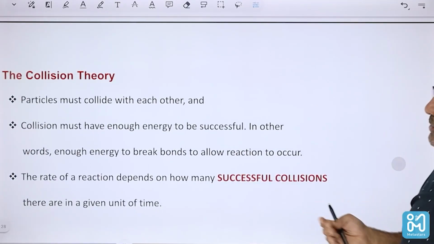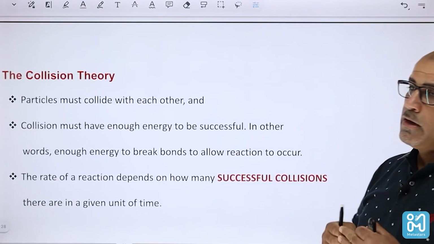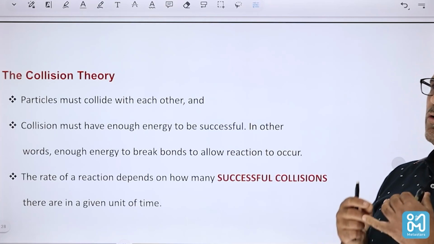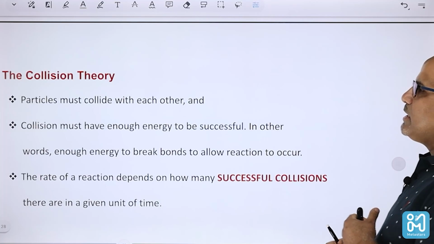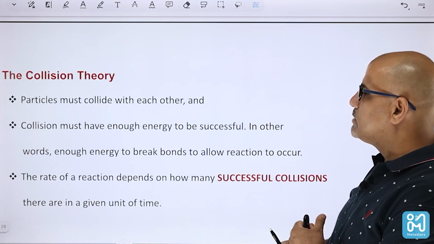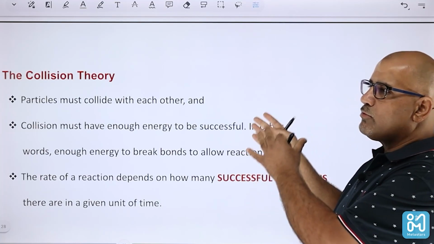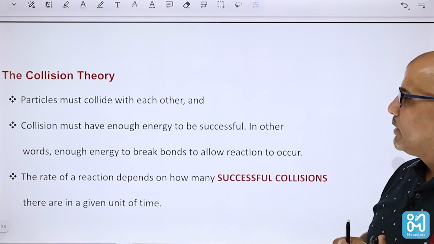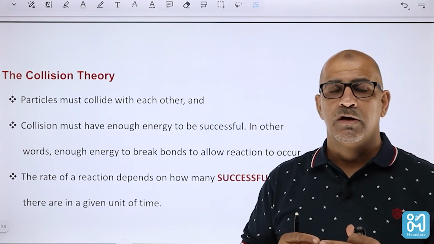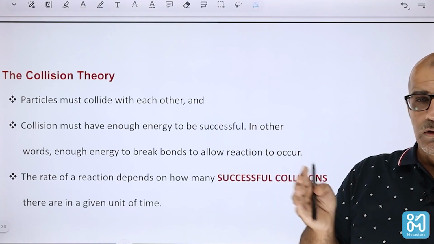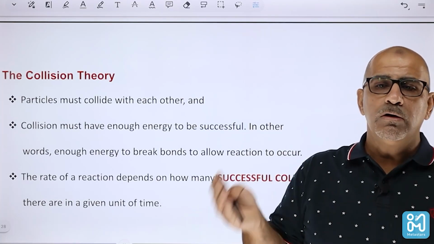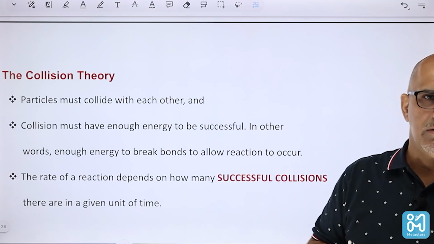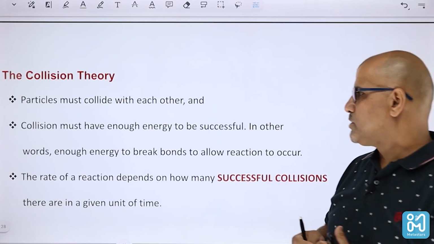What about the collision theory? The first important thing in the collision theory is that the particles must collide with each other to react. The question is, do all collisions lead to a chemical reaction?